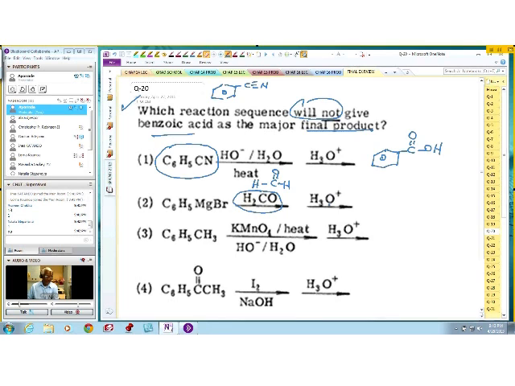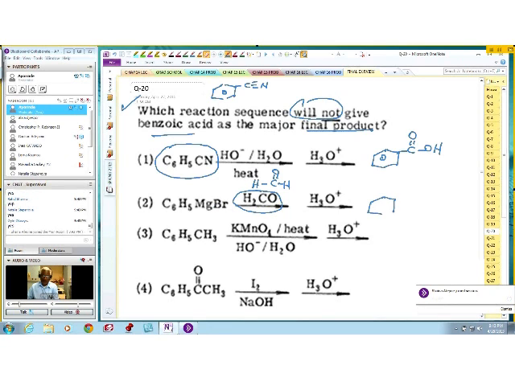This is an aldehyde reacting with a Grignard reagent. Okay. Will that give you? No. An aldehyde reacts with a Grignard reagent to give you a primary alcohol. Okay, so here you get a primary alcohol.